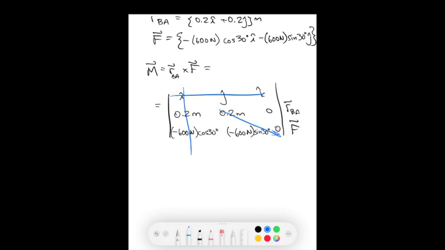So here we have 0. So there's a 0 and a 0.